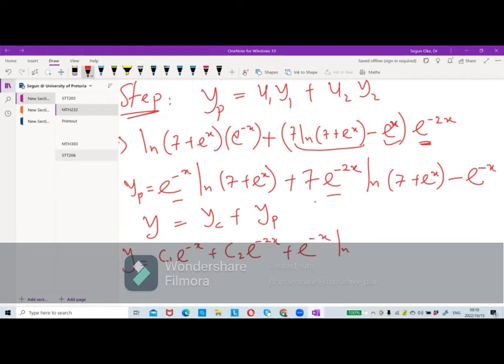Ln what, please? Somebody should read it for us. Ln 7 plus exponential x. Yes. Plus exponential x plus 7 exponential minus 2x.